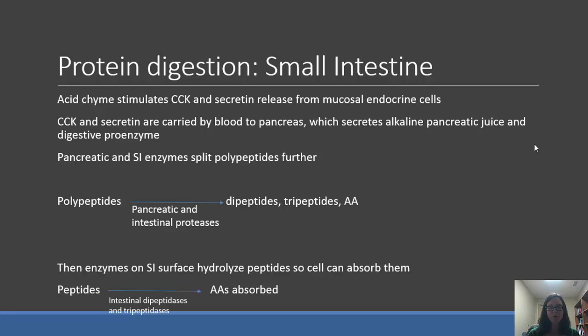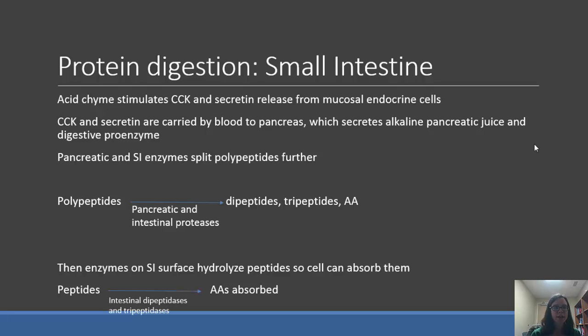Okay, so then we move into the small intestine, where digestion continues until almost all pieces of the protein are broken into dipeptides, tripeptides, and more free amino acids. The acid chyme that moves into the duodenum stimulates the release of the hormones cholecystokinin and secretin from the mucosal endocrine cells in our small intestine.